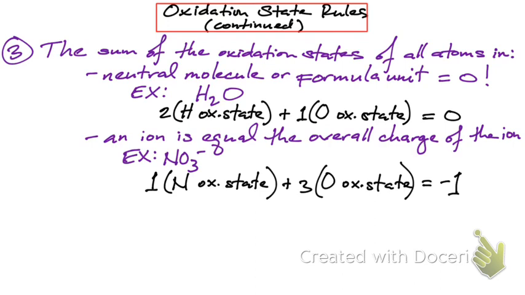So you can set up this formula here. You have 1 nitrogen and 3 oxygens, so 1 times the oxidation state of the nitrogen plus 3 times the oxidation state of the oxygen would equal -1.